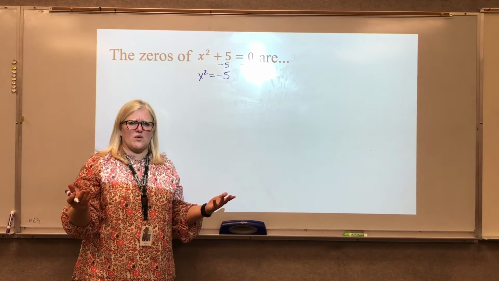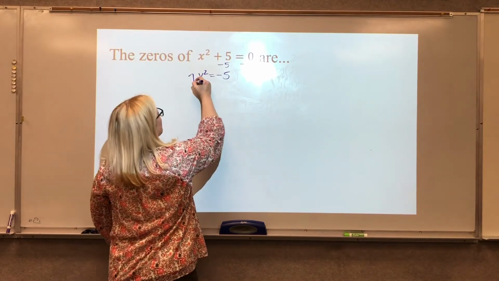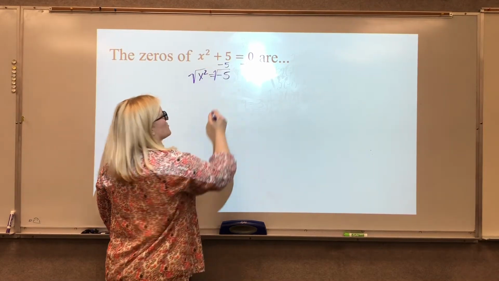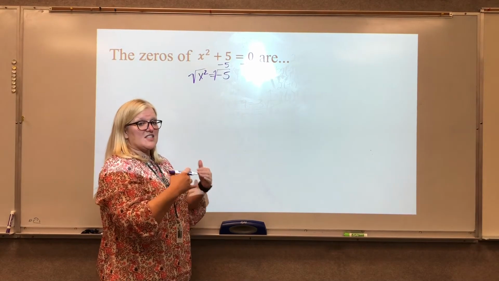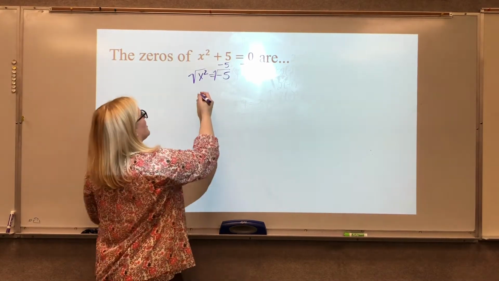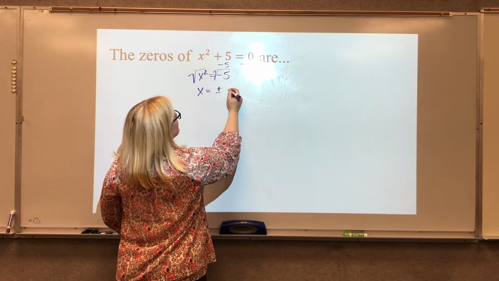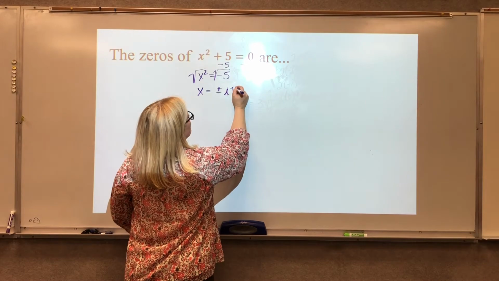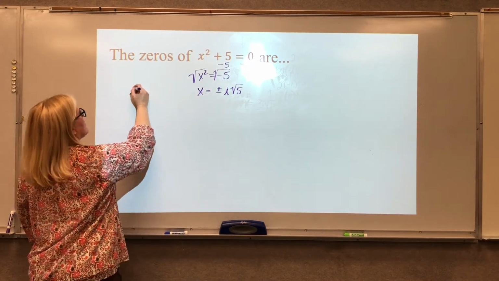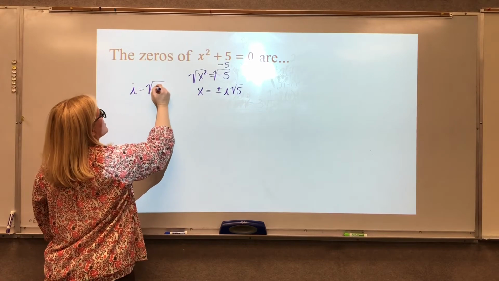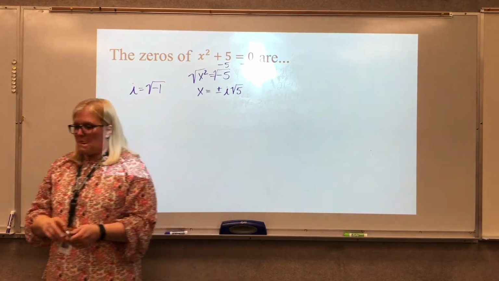I can't take the square root of a negative number, but I can if I use complex numbers, which are not real numbers, and this involves imaginary numbers. So in this case, x equals plus or minus i times the square root of 5. I, remember, is the square root of negative 1. It's my imaginary number. All right.